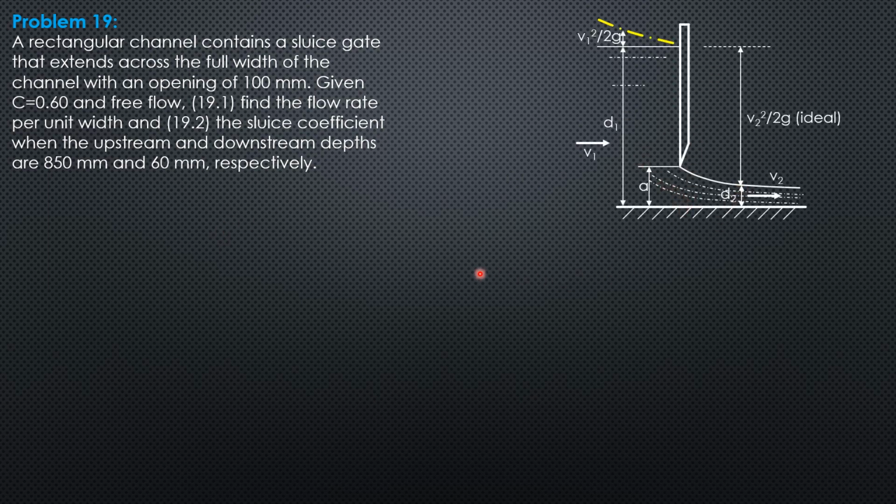Everything is given. So for the discharge flow rate, Q equals coefficient of discharge C, times area of the opening, which is A times width, but width is 1, AB, B is 1, times the theoretical velocity at section 2.